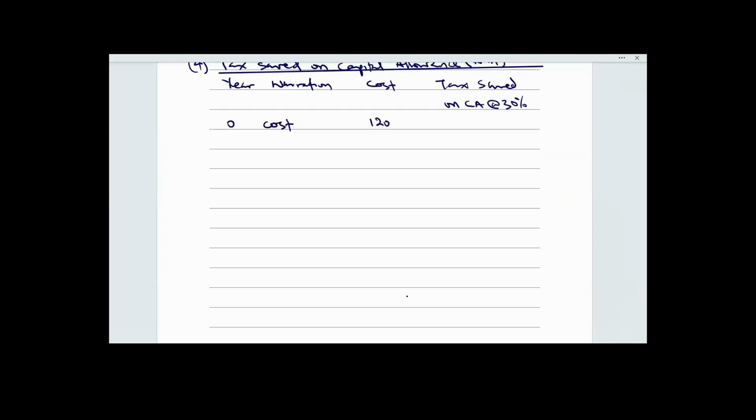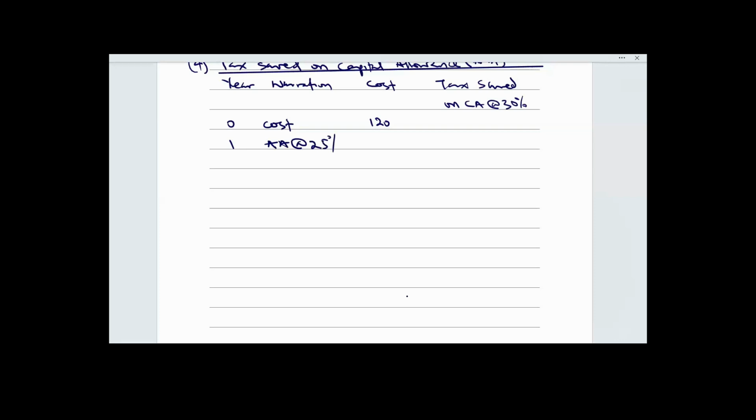Okay. Then I need to calculate year 1. I need to calculate capital allowance. In this question, you are not given initial allowance rates, so you only calculate annual allowance for the first year. The tax depreciation allowance given to us is 25%.